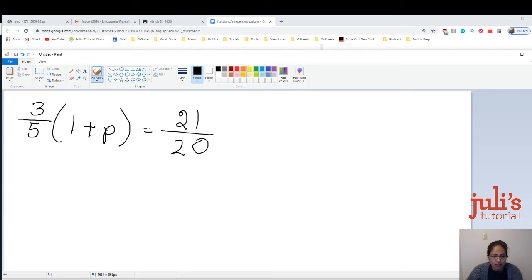Okay, so the first thing we are gonna do, we are gonna try to get rid of the denominators, but before we get rid of the denominators, we will distribute this coefficient that we have in front of this entire parentheses to both of these, so that it's easier to solve later.